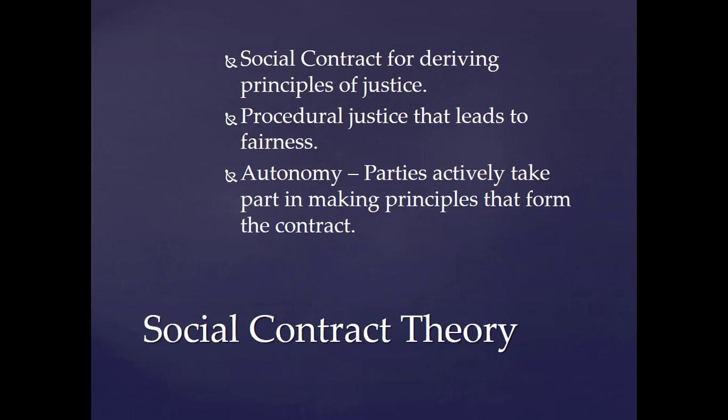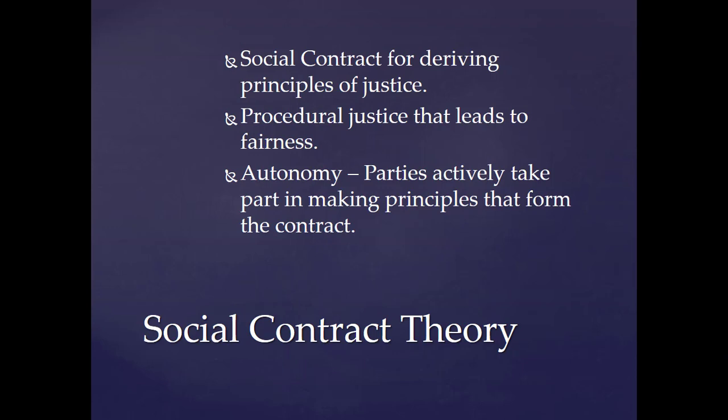Usually there are rational constraints put on what a social contract theory must have in order to properly derive the principles of justice. As we're going to discuss with Rawls, there is a rational constraint in that whatever principles of justice come out of a social contract must come out of the veil of ignorance, as we're going to see.